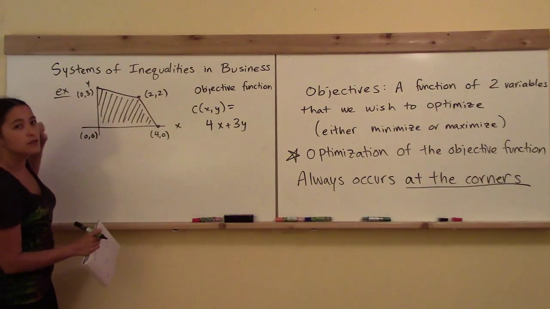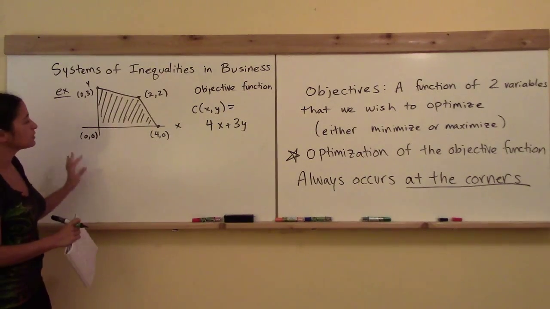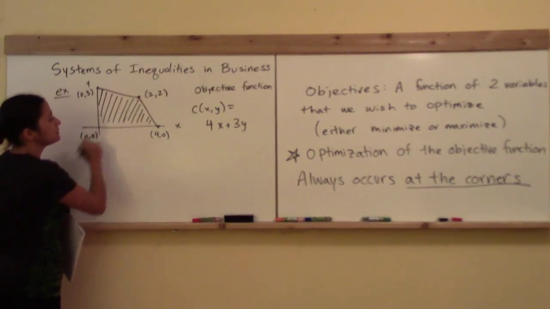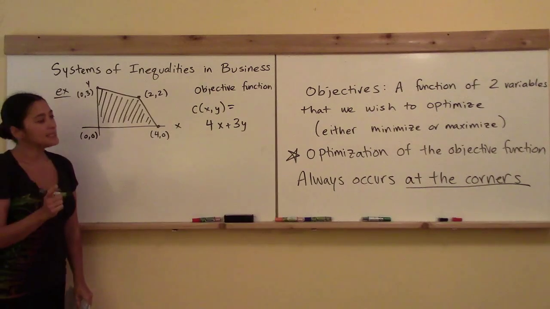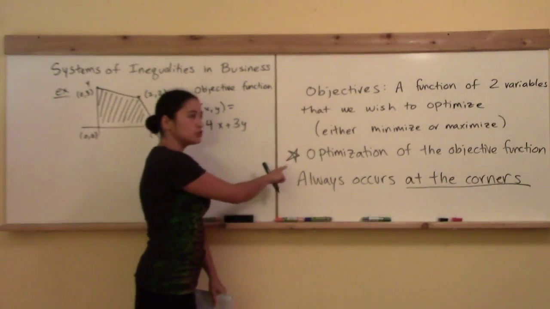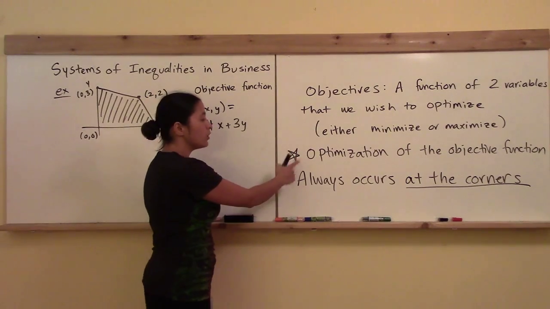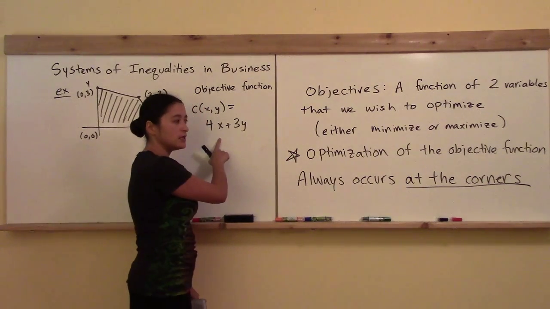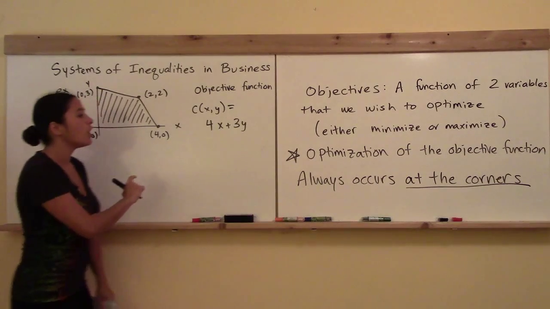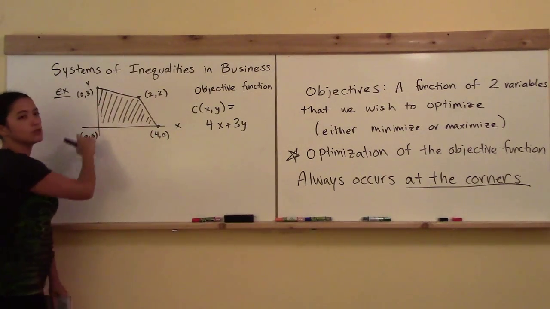That's beyond the scope of this class. We're not going to cover three-dimensional graphing here. But the key thing to know is that if I'm interested in either the maximum or the minimum, it doesn't matter which one, if I want to optimize this function, the optimization will always occur at the corners.